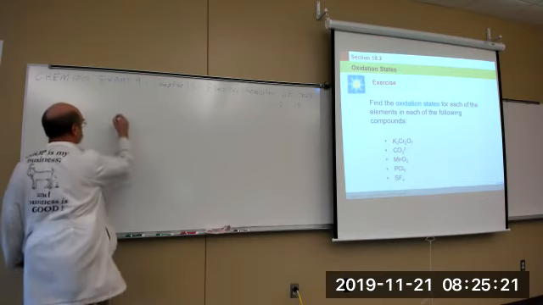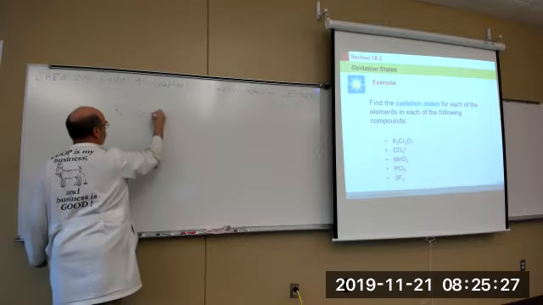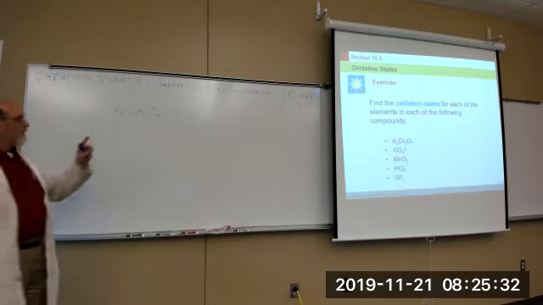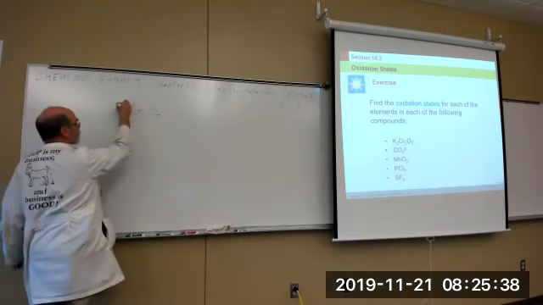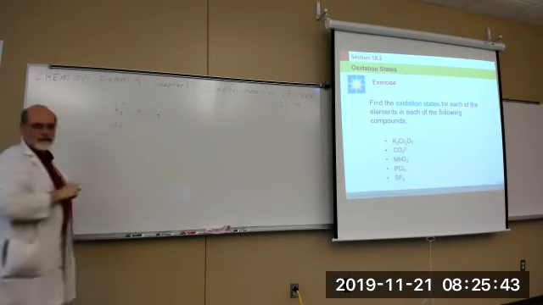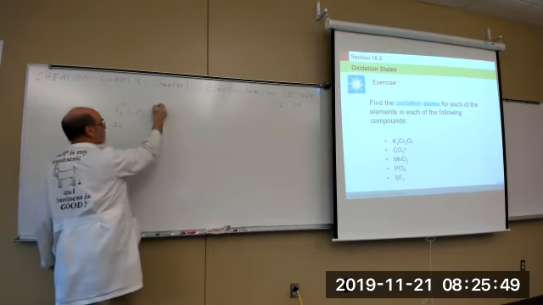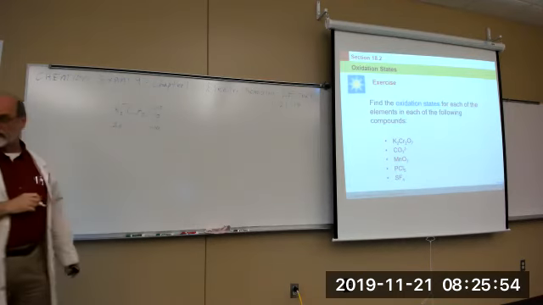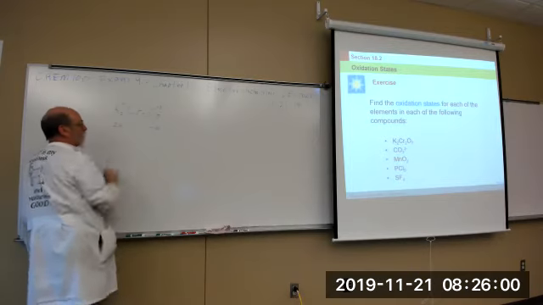K2Cr2O7. Okay, oxidation states. We start with the ones we know. The alkaline metals are all +1. So each one of those potassiums is +1. That means we have a total of 2 pluses for potassium. Oxygens we give a -2. So we have a -14 here, total, 7 times -2. Now we can use these to tell what chromium is.